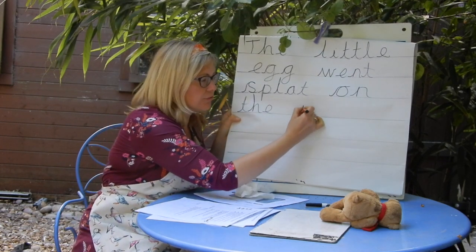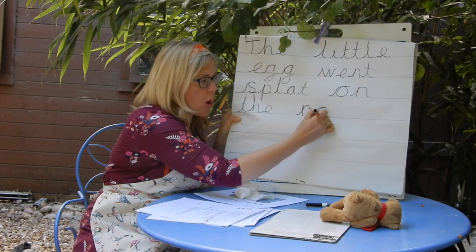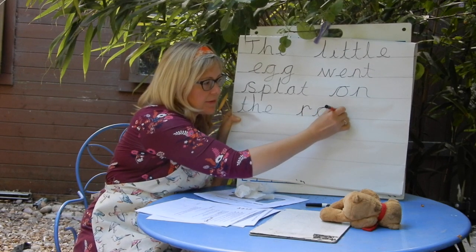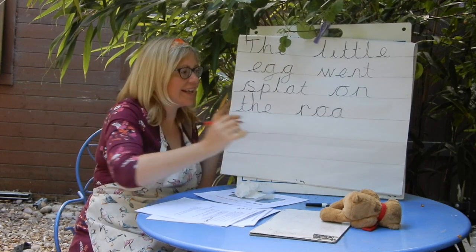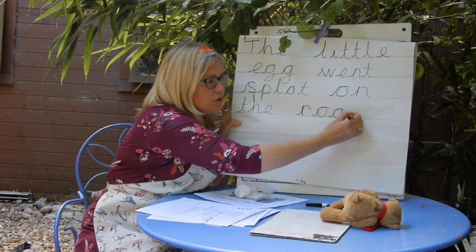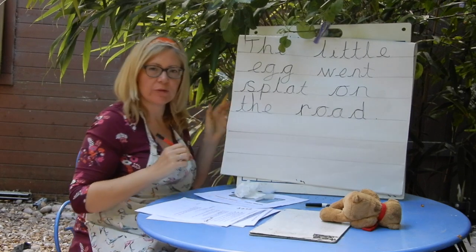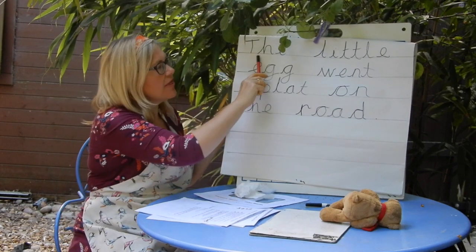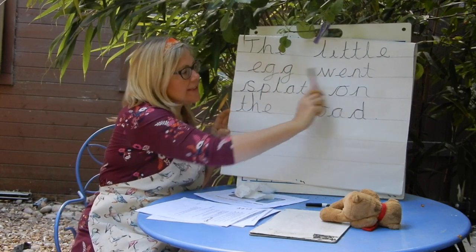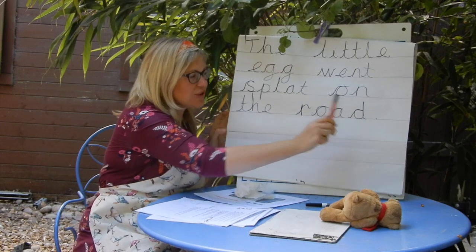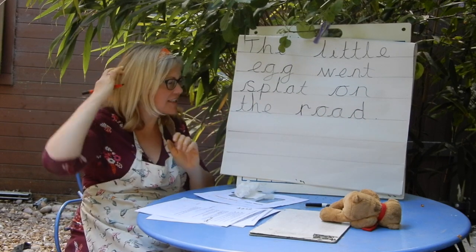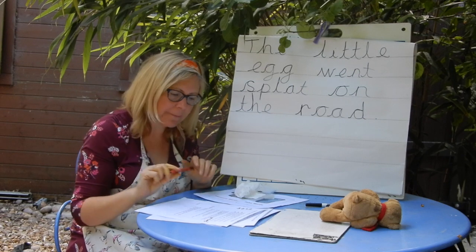A digraph in the middle. R-OA. Remember, oa as in boat? R-OA-D. And I need a full stop at the end. Not a big football, remember. Just enough to be seen. The little egg went splat on the road.